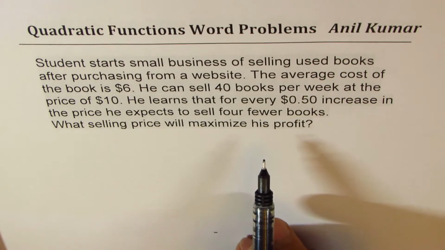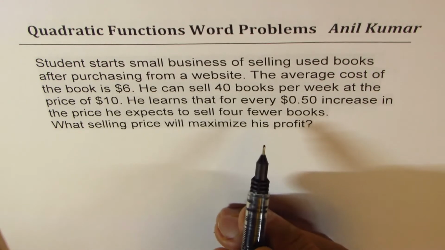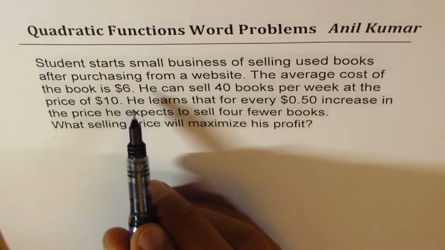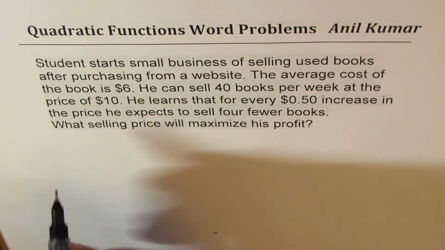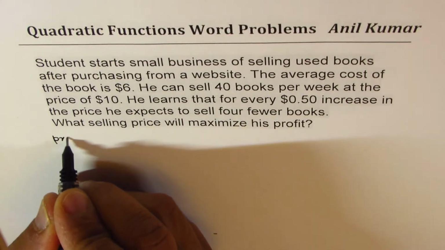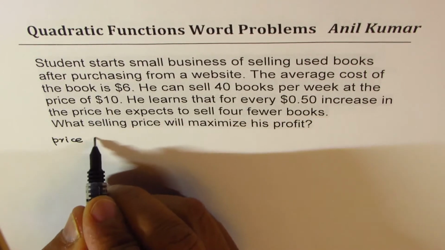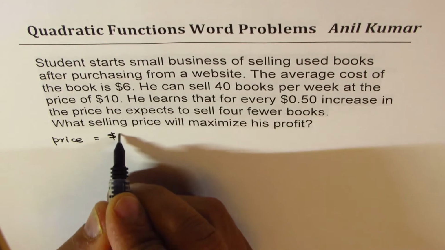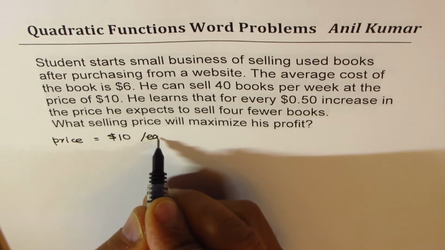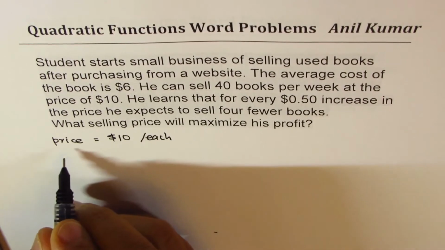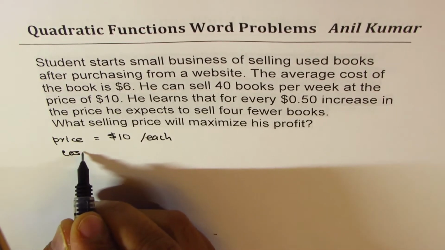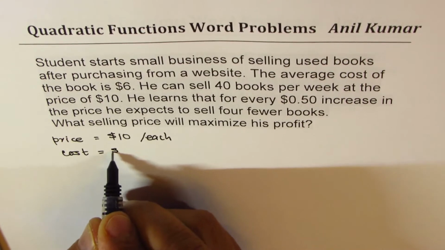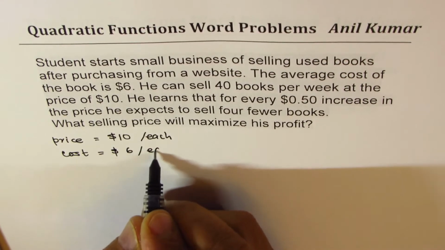Correct? Now let's look into this. What are the things given to us? We are given the price per book is $10, which is each, right, per book. We know the cost price, which is $6 each, right?